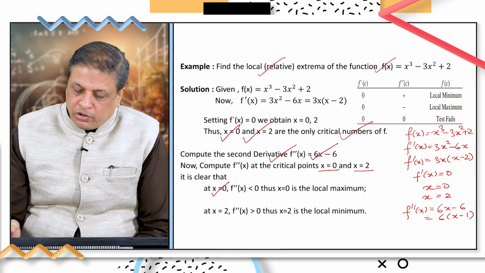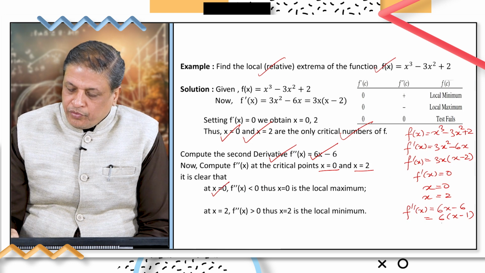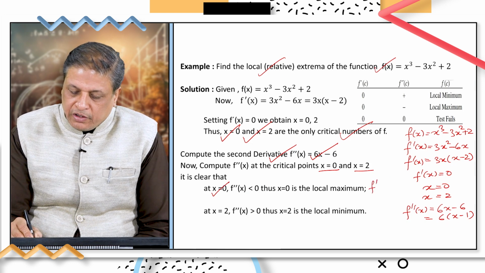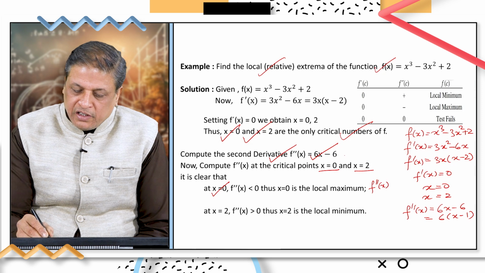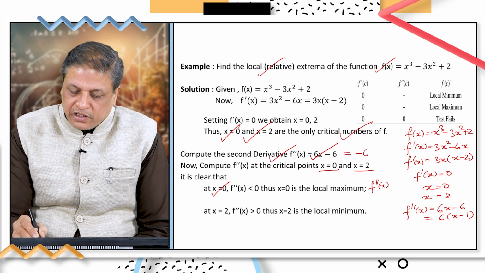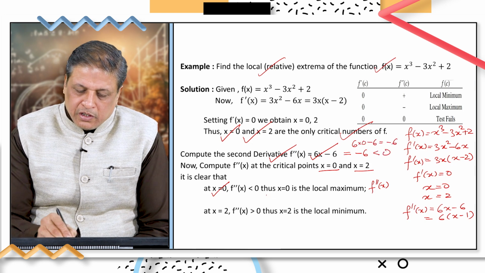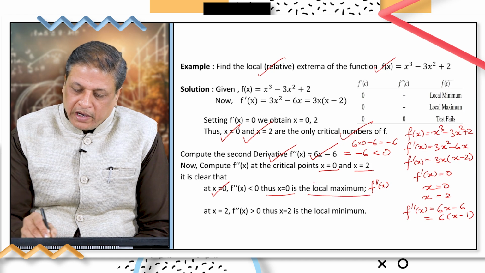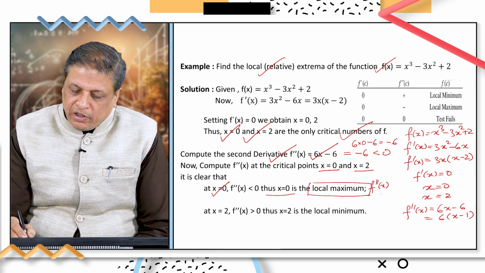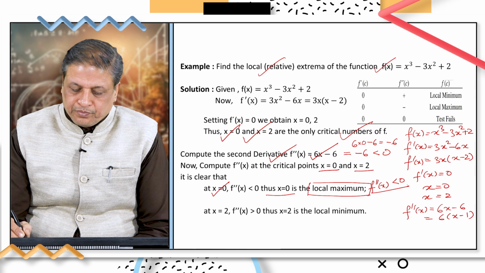So, at x is equal to 0, the value of f''(x) will be equal to minus 6. By substituting x equal to 0, we will get 6 into 0 minus 6, which turns out to be minus 6, which is less than 0. So, x equal to 0 turns out to be a local maximum because f''(x) is less than 0.